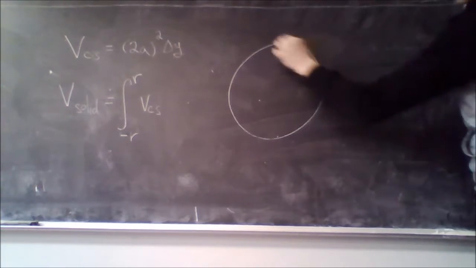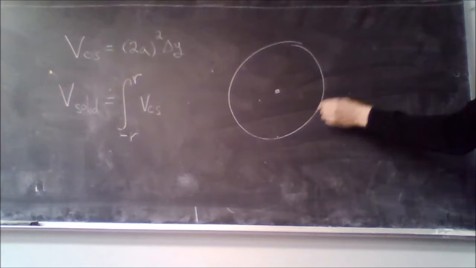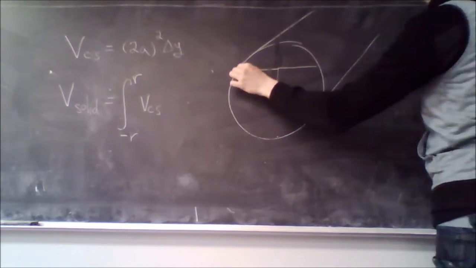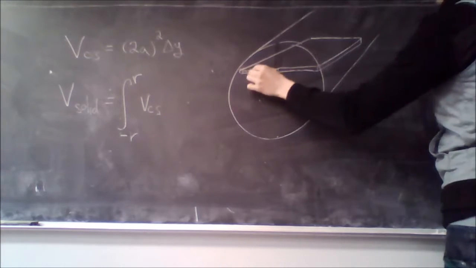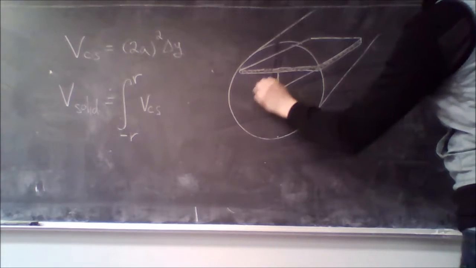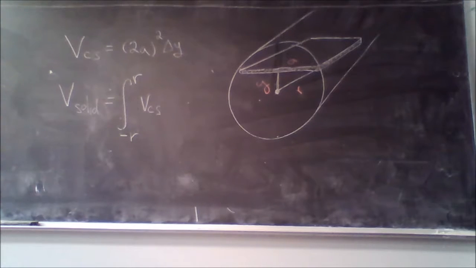So why is it that our bounds are from negative r to r? Well, it's plain to see when we set up our previous diagram of our cross-sectional cut at any height y. Now, if we set our height of our cross-sectional slab equal to the radius, that is, raise the cross-section all the way to the top of the cylinder, we will have our radius equaling our height y.